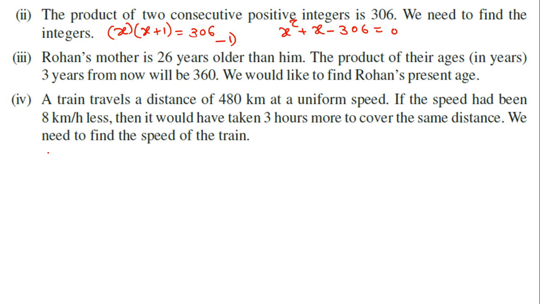Then I am solving here. For Rohan's mother and Rohan, for Rohan I will write R, for mother I will write M. So for the equation, you first suggest what to write here. Mother is 26 years older than him.